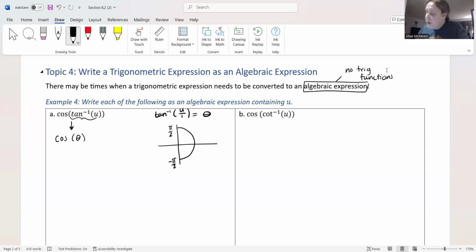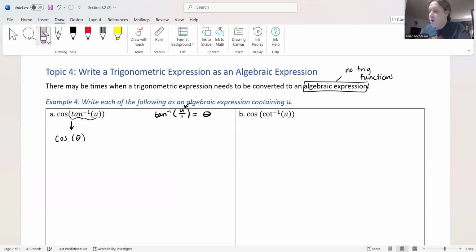Okay, and if we look at this input value, remember when you're dealing with inverse tangent, the input value is some ratio, and we know that tangent has positive ratios in quadrant 1, but negative ratios in quadrant 4. So that means when we draw this triangle, because we're going to go back to this idea of drawing a triangle, we need to draw a triangle in quadrant 1. Okay, so let's go ahead and erase this image right here, and we're going to draw our triangle.